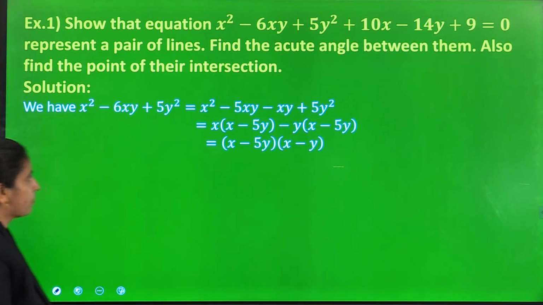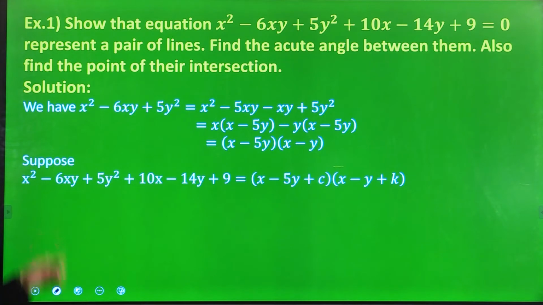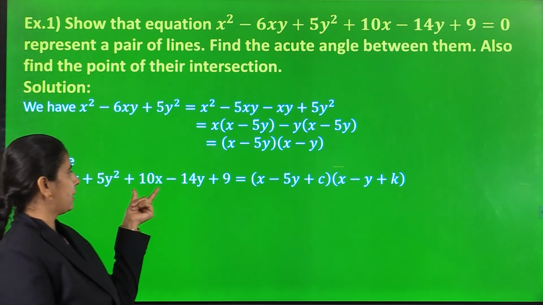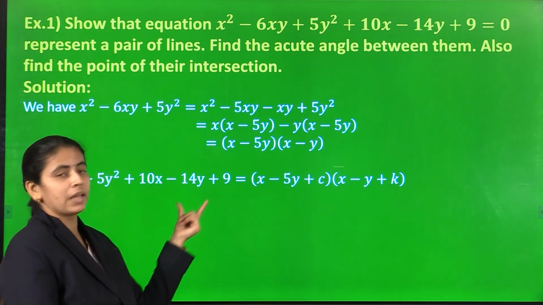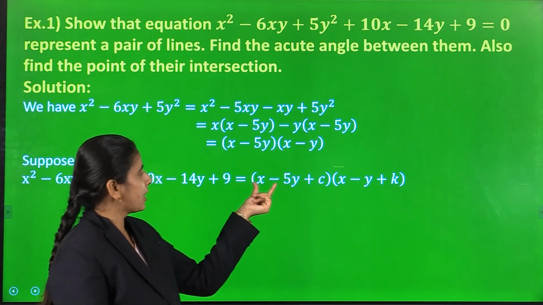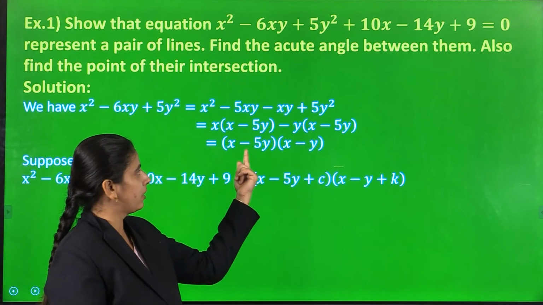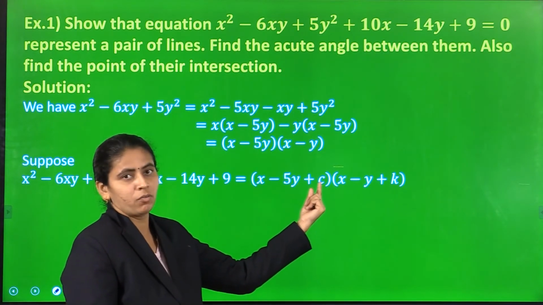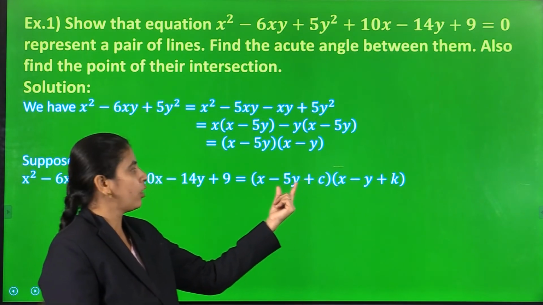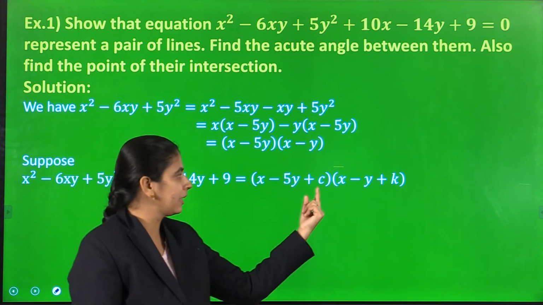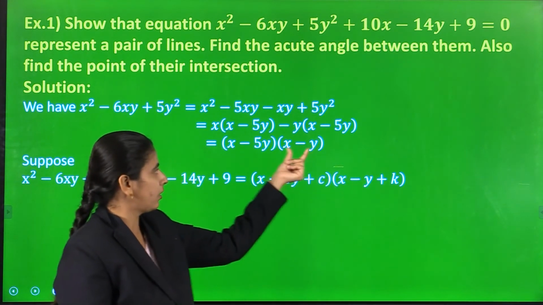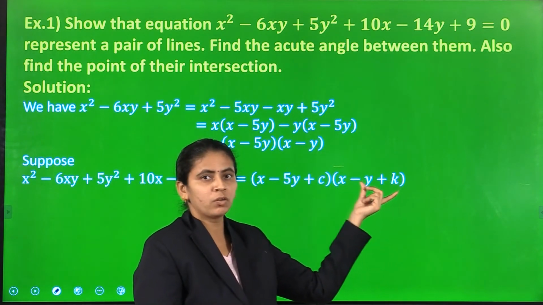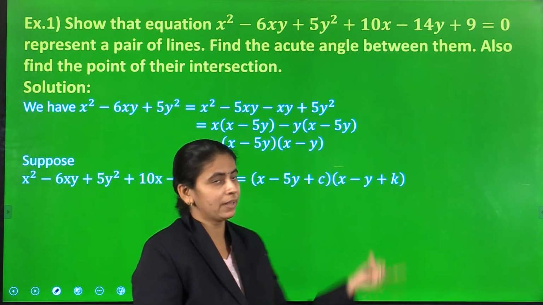So suppose the given equation x square minus 6xy plus 5y square plus 10x minus 14y plus 9 is equal to x minus 5y plus c into x minus y plus k. Here in the first factor we have added c, and in the second factor we have added k, and we have to find the values of c and k.